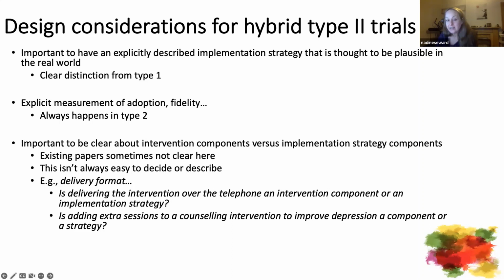I would see that as an implementation strategy because it's used to facilitate the delivery of the intervention. So I'm involved with some behavioral activation trials, and some of these are known as stepped care. So they offer extra sessions if there's not an early response. I see that as a component of the intervention.